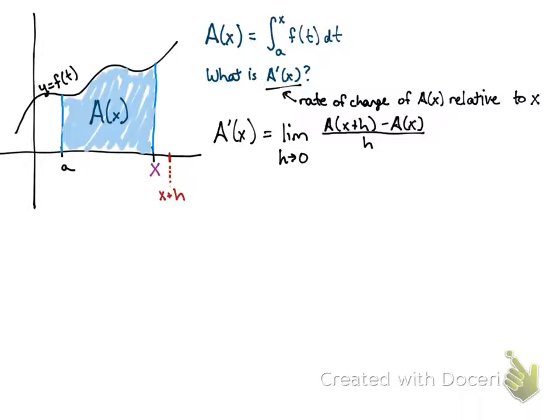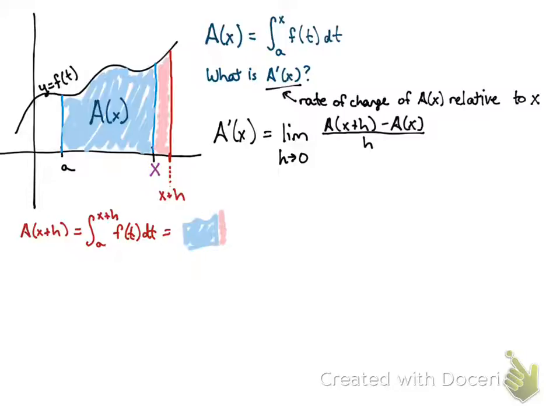Well, x was already marked. Now I'm going to mark x plus h, slightly farther over. Now, h would be going to 0, so really these two values, x and x plus h, should be really, really close together, but so that you guys can see it, I'm putting them a little ways apart. Okay. So, what is A of x plus h? Well, using the definition at the top of the slide, it's just that integral, only instead of going up to x, we go up to x plus h.